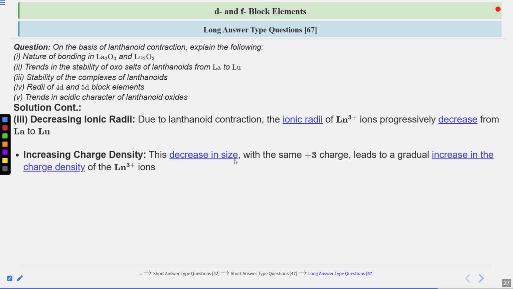Because the ionic size of the tripositive ions is decreasing due to the lanthanoid contraction, with the same +3 charge, it will lead to a gradual increase in the charge density of lanthanoid ions.